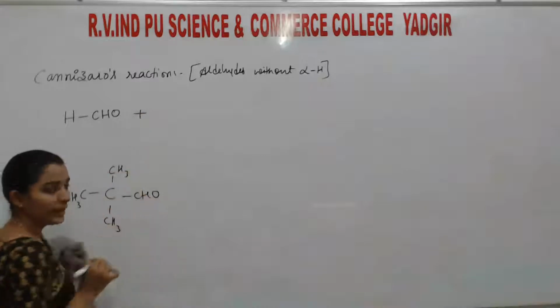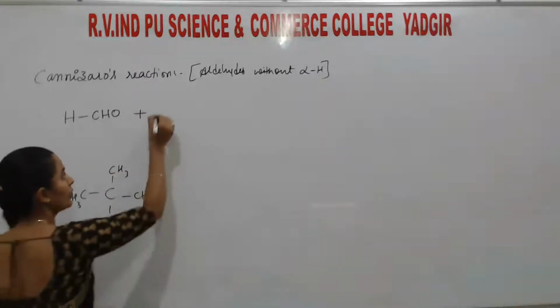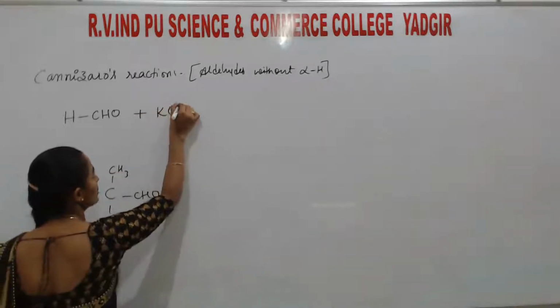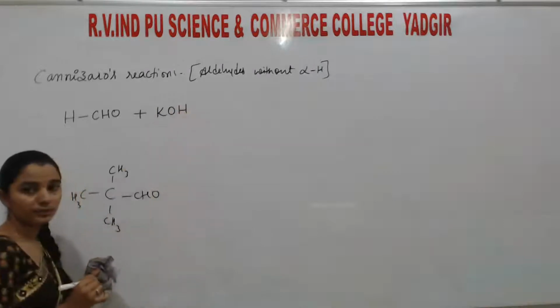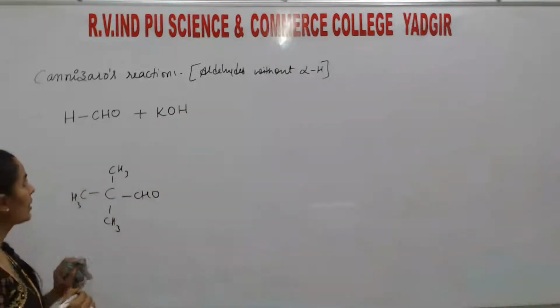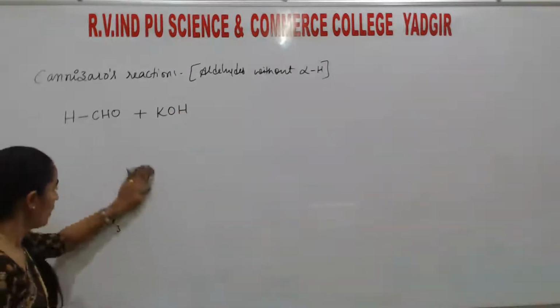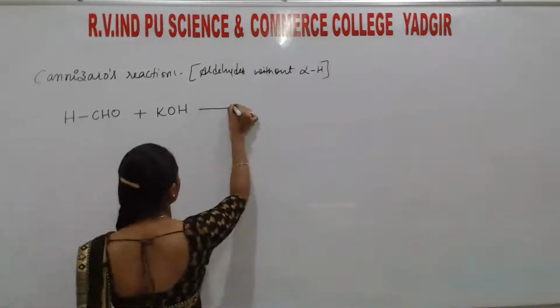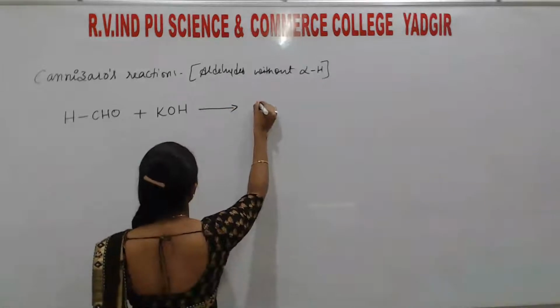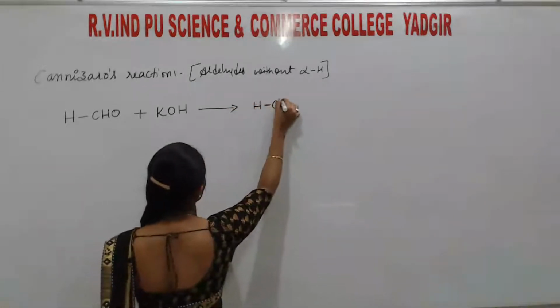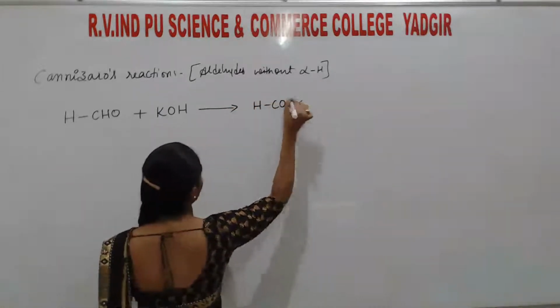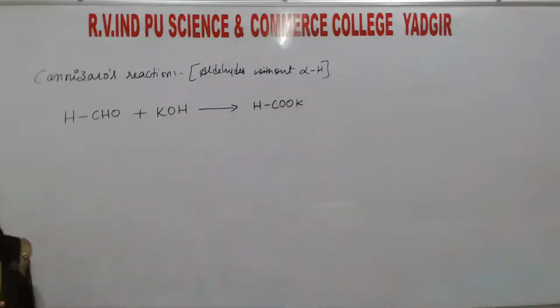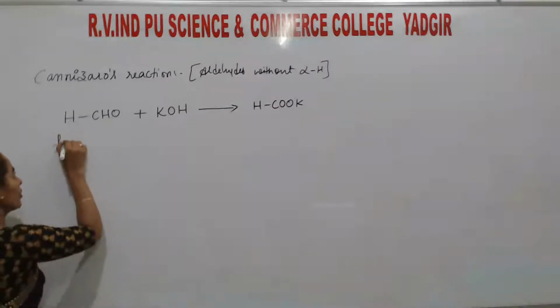Okay, so here what happens? The aldehyde which is not containing alpha hydrogen reacts with KOH. So it forms HCOOK, meaning the potassium salt of carboxylic acid. This is formaldehyde.